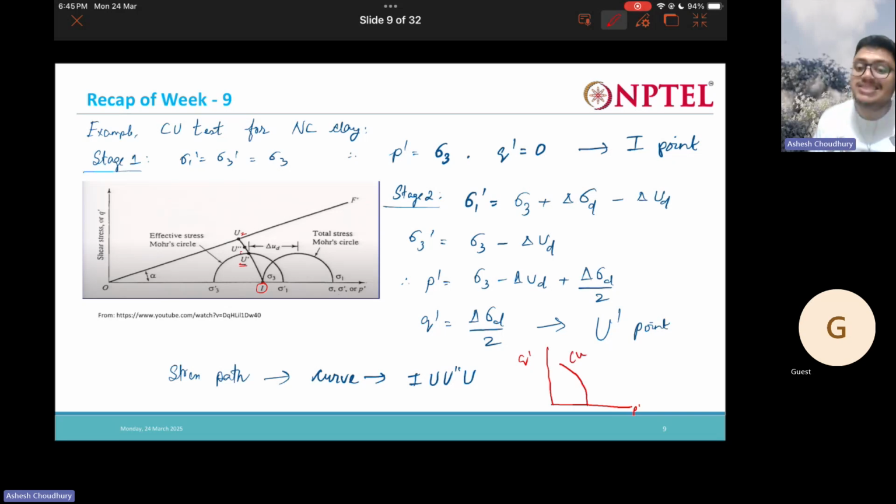Now for the CD test, if I plot the effective stress path, I will get something like this, because there is no excess pore water pressure.